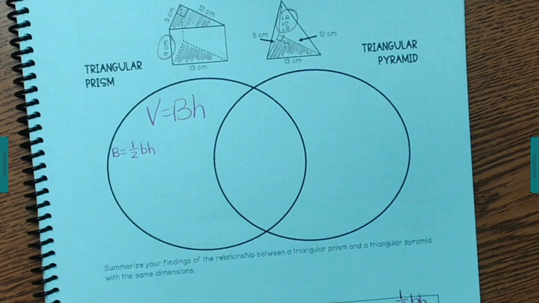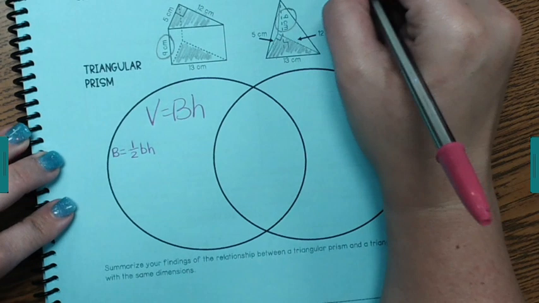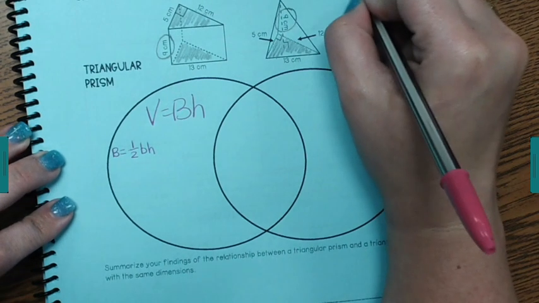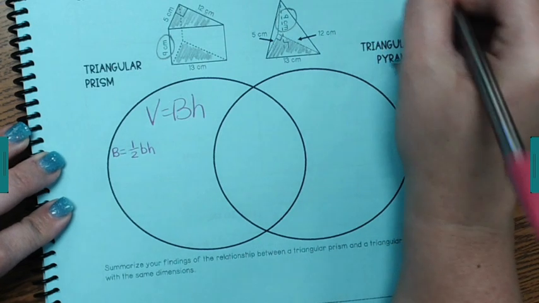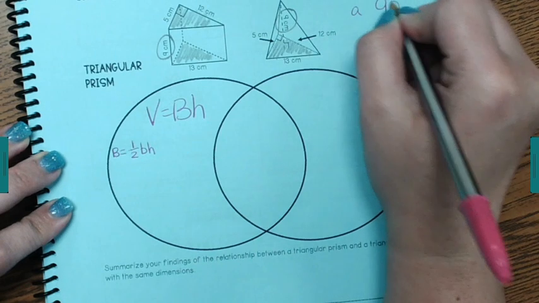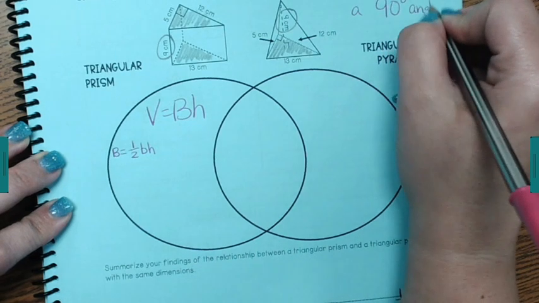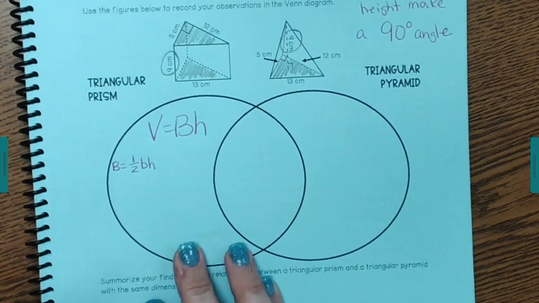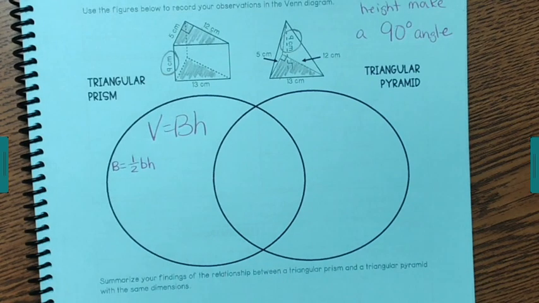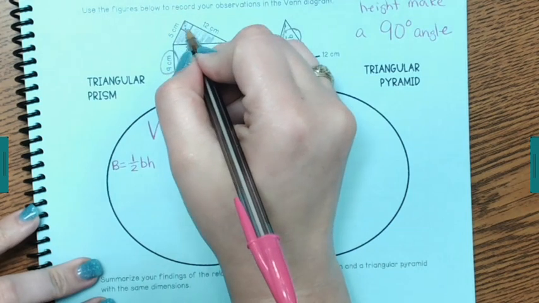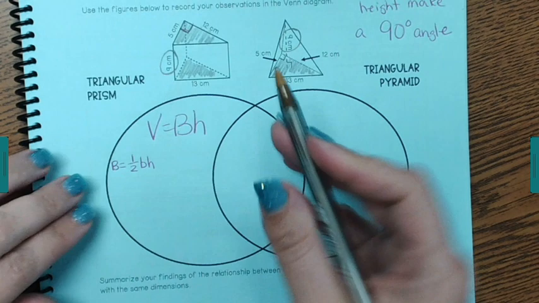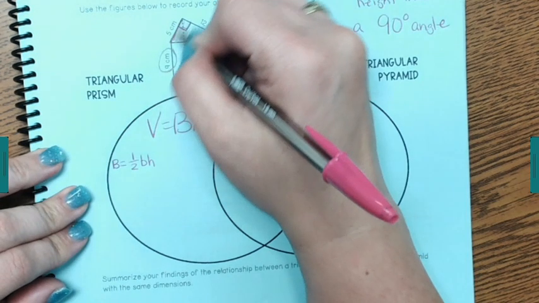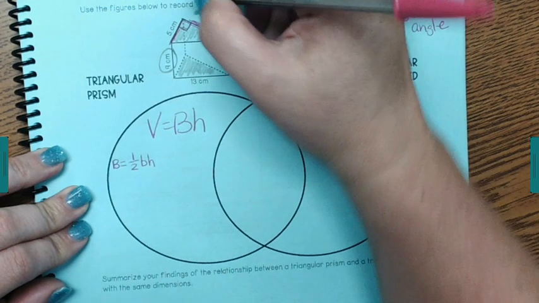Now this is where they try to trick you. You have to remember that your base and height make a what kind of angle? A right angle. Your base and your height make a right angle. It's going to make the L with a little box, which is right here. They gave you an extra number here to try to trick you, but your base and your height have to make an L. They make a right angle.